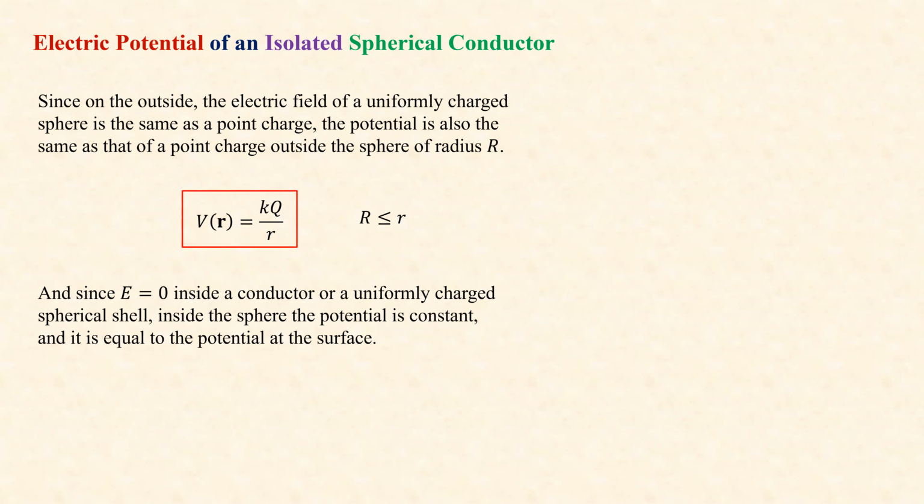So the potential inside is the same as the potential on the surface for a conducting sphere or a spherical shell, both the same. So on the inside, V of R is kQ over capital R. R is the radius of the sphere. So everywhere inside, the potential is the same as on the surface.